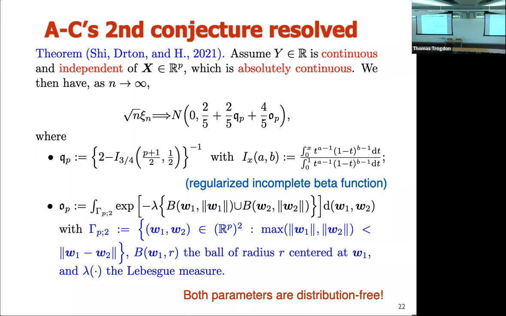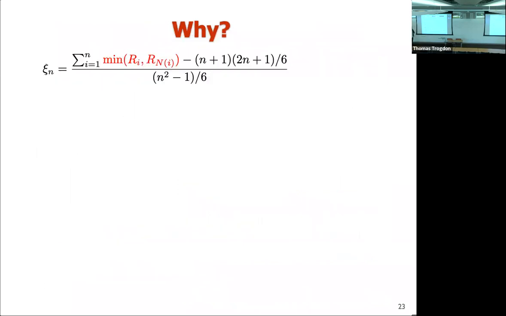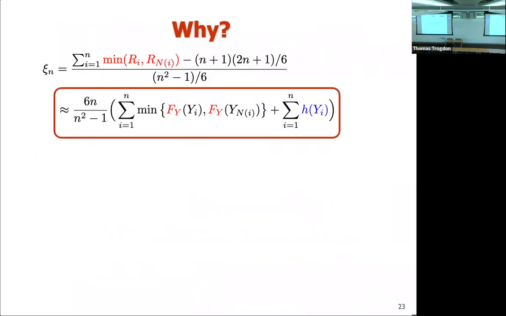And how to prove it? It is by something we call the Hoeffding representation. This is a tool Hoeffding developed 50 years ago. We can show that Tsan has this rank part, and rank is really subtle because rank gives additional randomness to this statistic. The goal is to replace ranks by the population CDF.